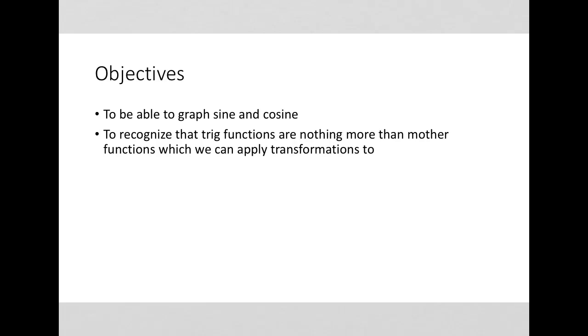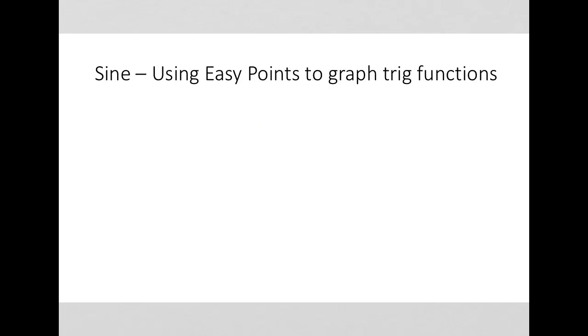So objectives, be able to graph sine and cosine functions. And again, we want to think of these as transformations of a mother function, just like we normally do. We're really going to focus on sine because everything we do with sine is going to work for cosine as well. So think about what we know on the unit circle. Think about easy points that we can graph on the unit circle.